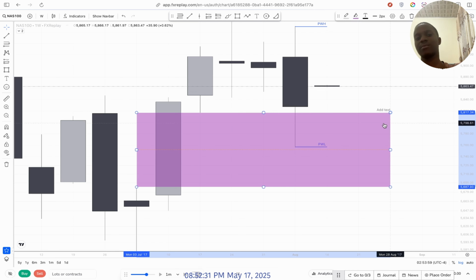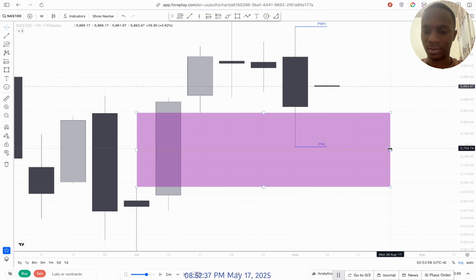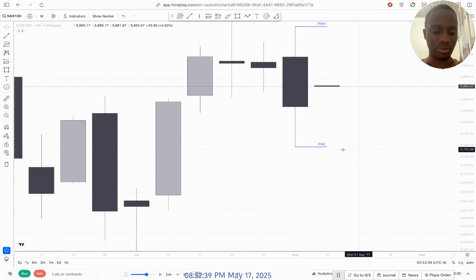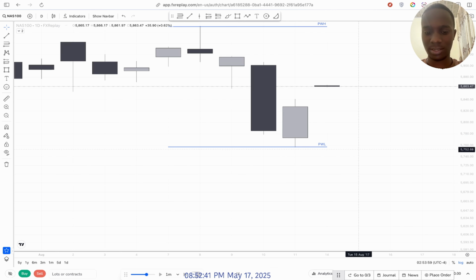That means this is a sign that we might be about to push even higher. So now it's going to go back to the daily.